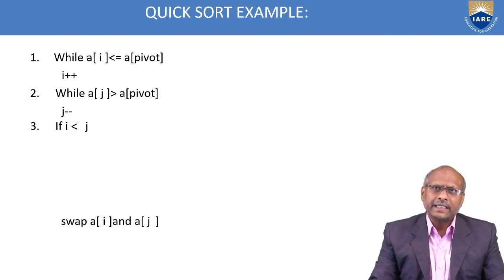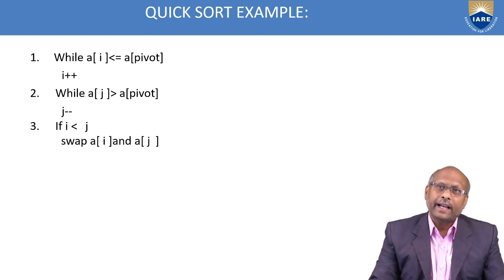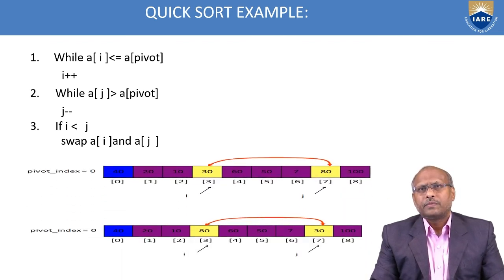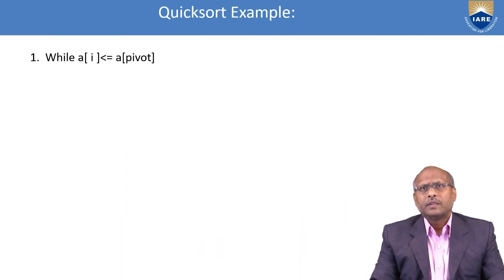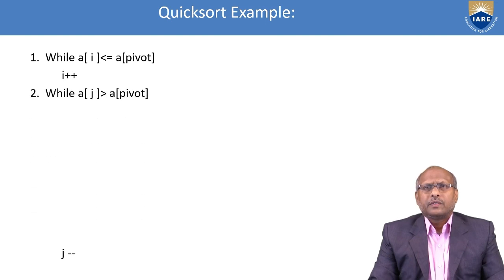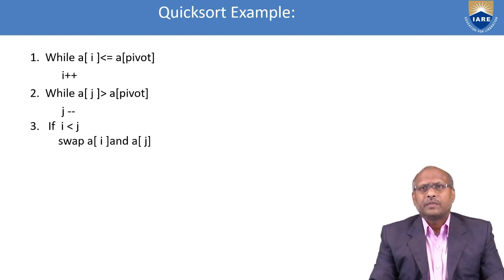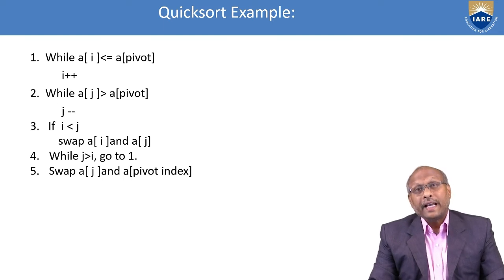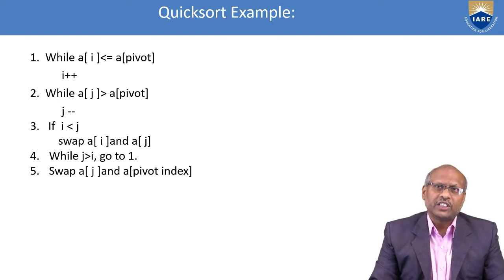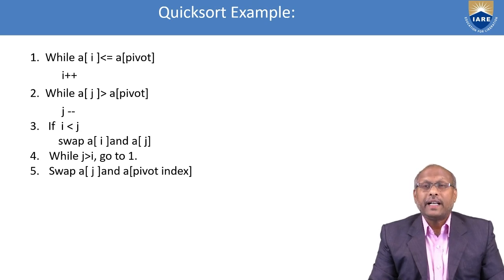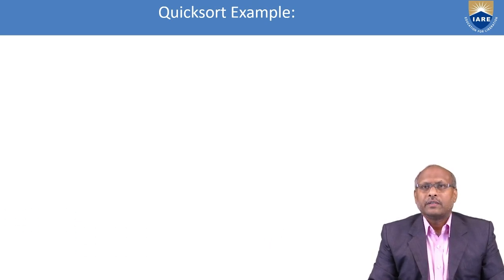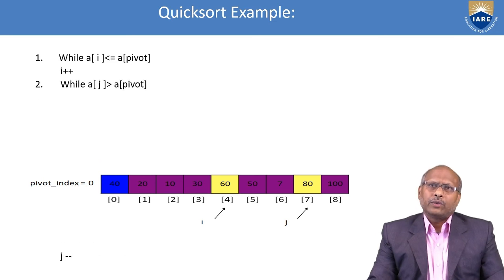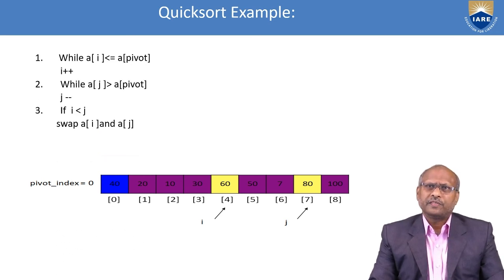If I is less than J, then A of I and A of J will be swapped. Whenever I and J cross each other, that time the pivot element and the Jth element will be swapped. Okay. So this is the way the quicksort works.